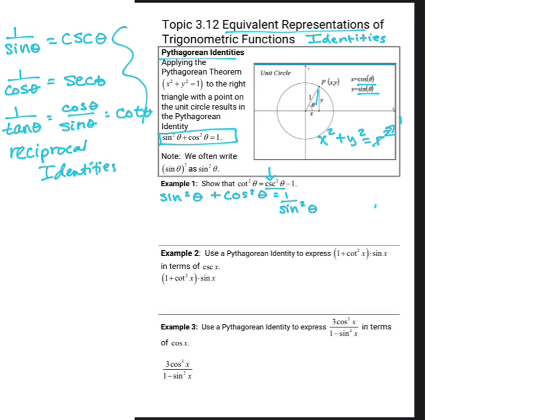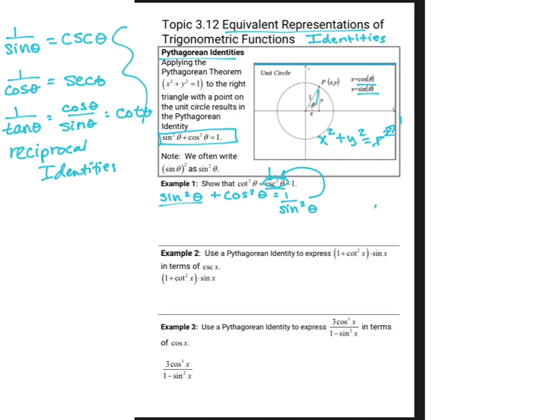In my Pythagorean identity, sine squared theta plus cosine squared theta equals 1, I'm going to divide the 1 by sine squared theta so that I can come up with this cosecant squared theta piece. If I divide 1 by sine squared theta, I should do that to everything.